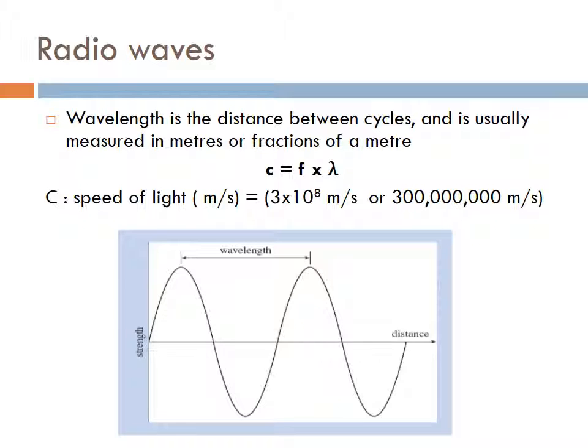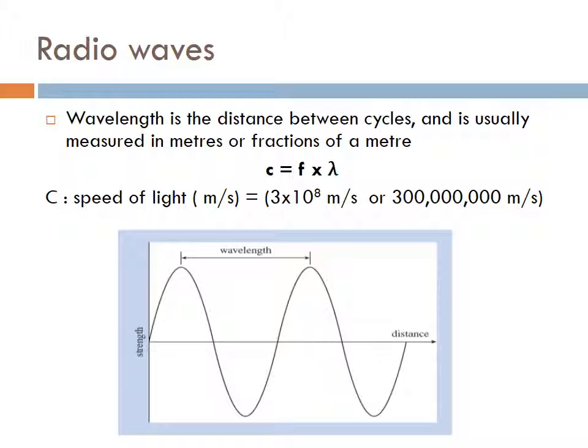So the major parameter used for wireless communication is the frequency, and the other important parameter that describes the radio wave well is the wavelength of the wave. The wavelength and the frequency are inversely proportional to each other according to the following formula: C equals lambda f.